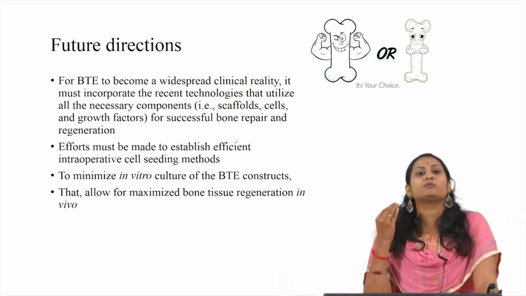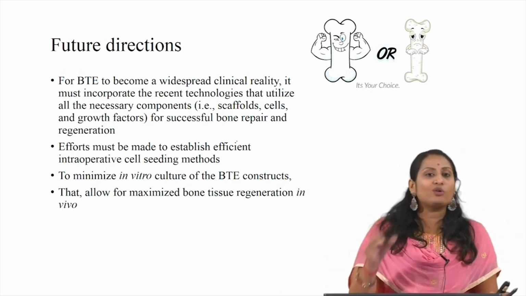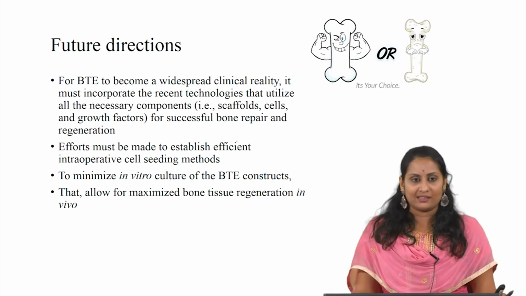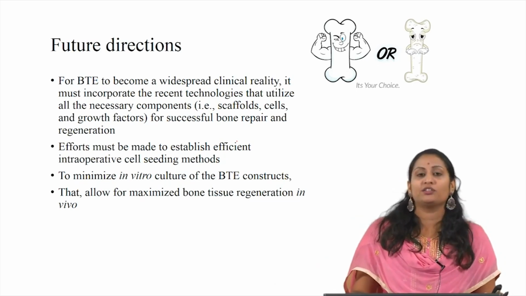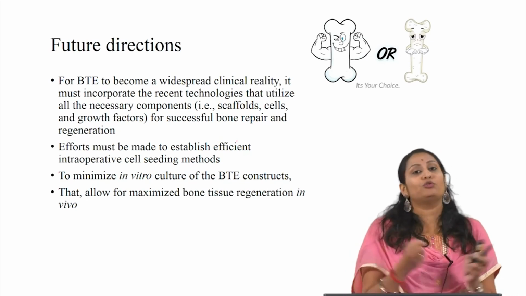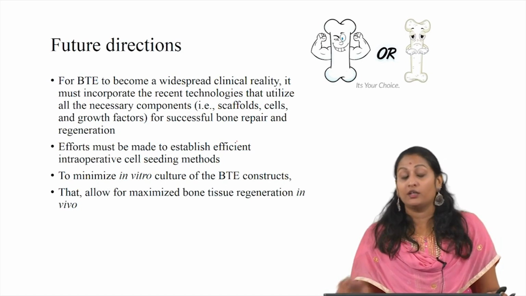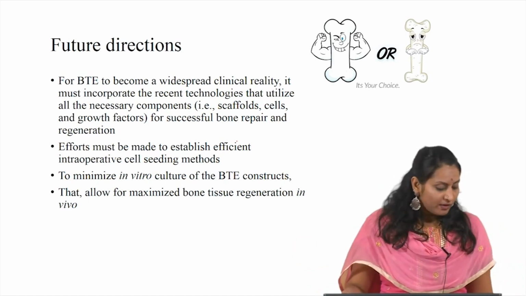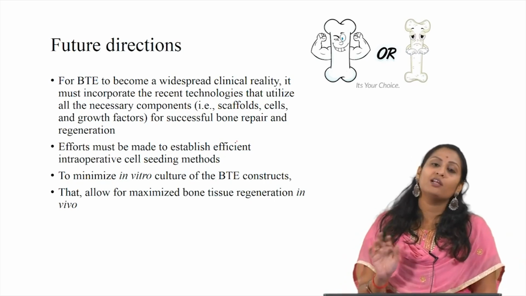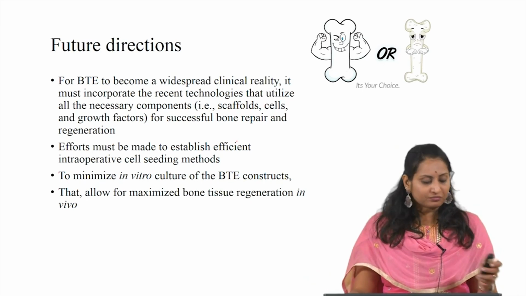And also some efforts must be made to establish efficient intraoperative cell seeding methods to minimize in vitro culture of the bone tissue engineering constructs, which allows bone tissue regeneration for in vivo studies. So, these are the few future directions where we need to focus mainly to develop an ideal bone repair and regeneration.